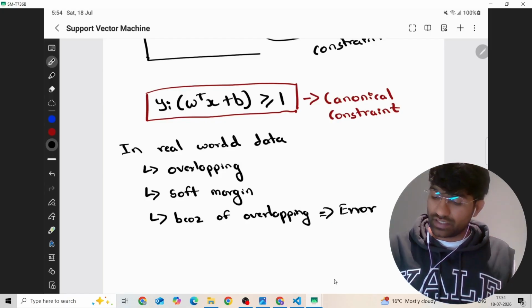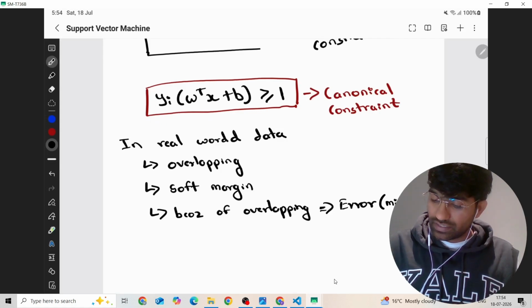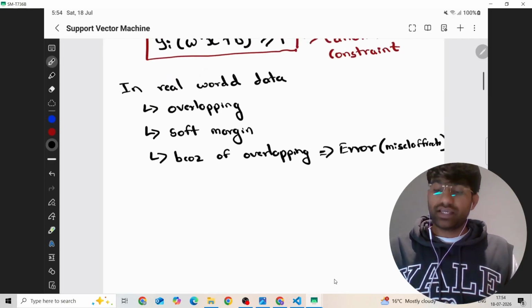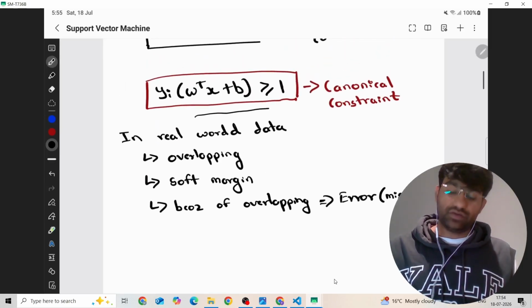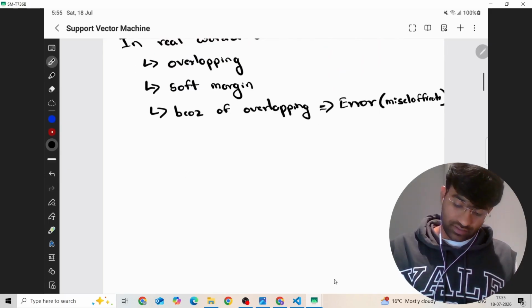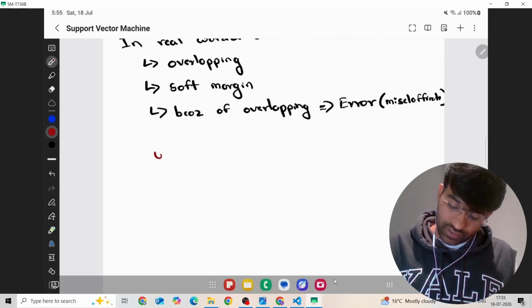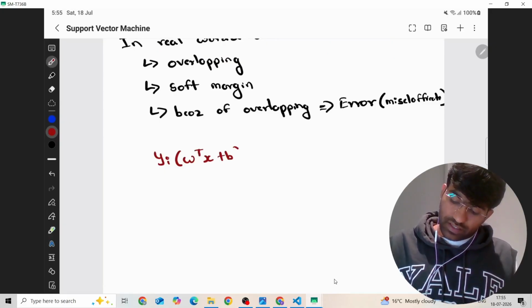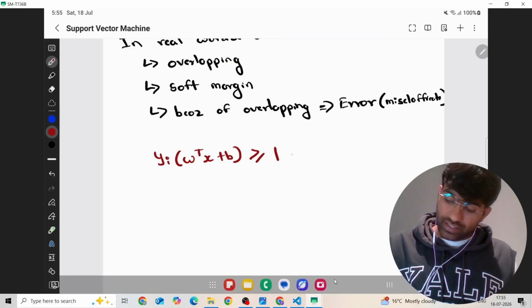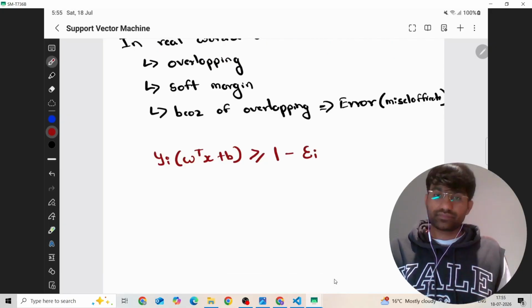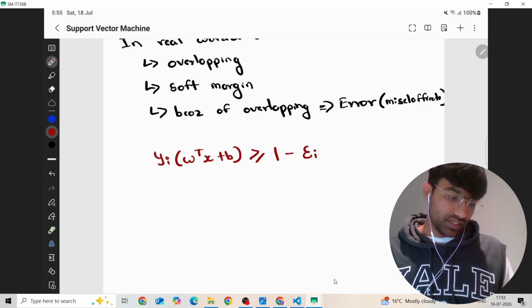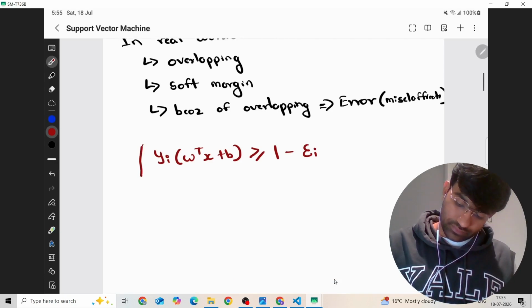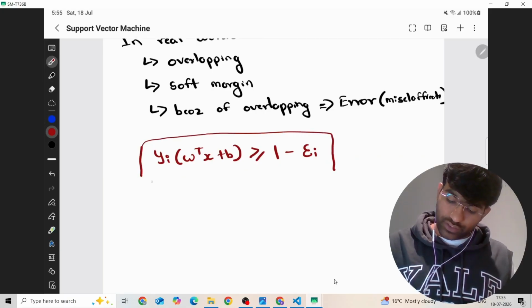What is error? Error is nothing but misclassification. So we want to add this error to this equation now. Our equation will be yi of w transpose x plus b greater than or equal to 1 minus error epsilon of i. This is the error. We got the equation.